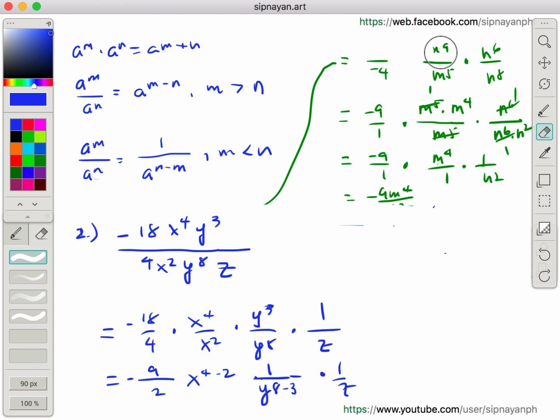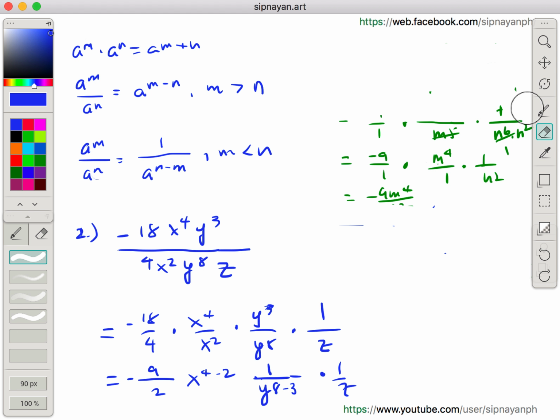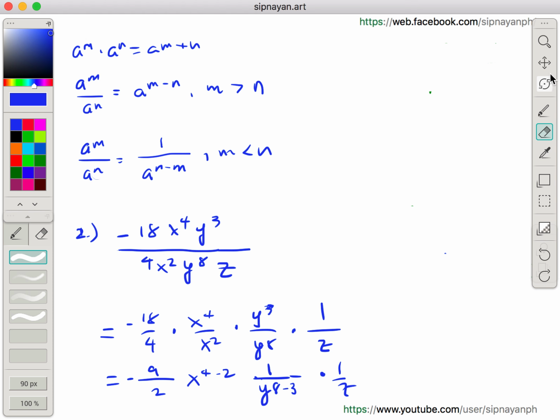So this becomes negative 9 over 2 times x squared times 1 over y to the 5th times 1 over z.